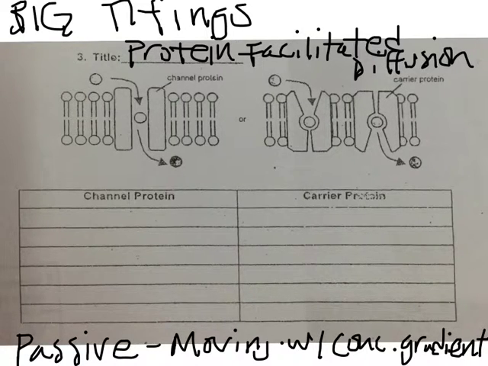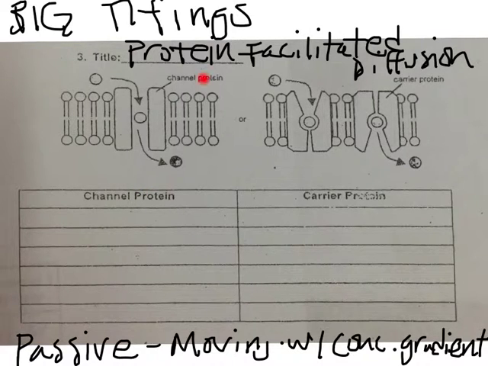And you'll remember from the last video that to move with a concentration gradient means you're moving from high concentration to low concentration. And again, passive is going to mean that there's no energy involved because it's just moving with the concentration gradient.